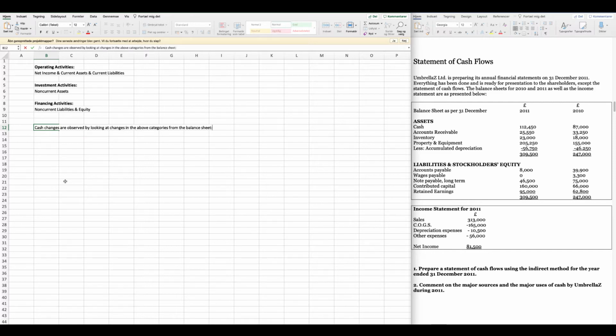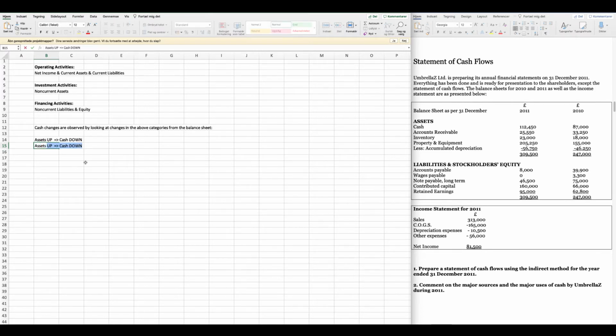And more specifically, the way we interpret it is, if assets go up, this means that cash, and remember this is what we're looking at here, goes down. This will be more clear when we get into the exercise again, but it's really worth noting that if assets increase, that is, if assets go up, then cash goes down.